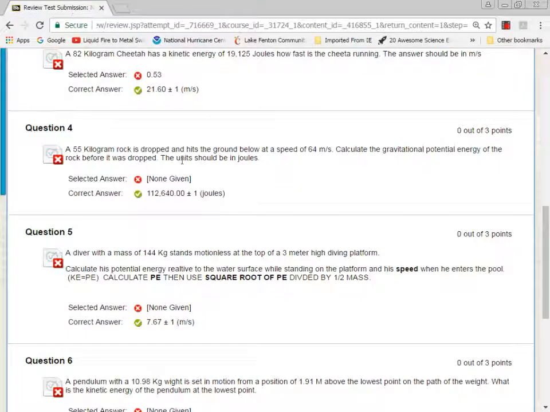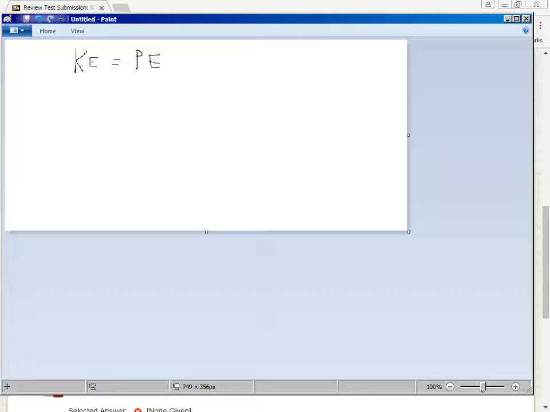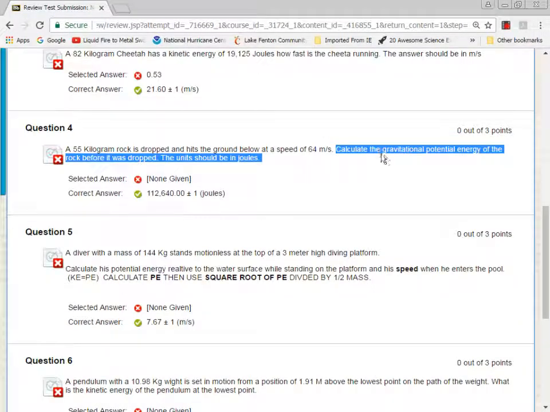They're asking you to calculate the gravitational potential energy of the rock, but they're giving you a 55 kilogram rock that hits the ground at 64 meters per second. Well, kinetic energy can be calculated by what? Just like in the first one, 1/2 mass velocity squared.